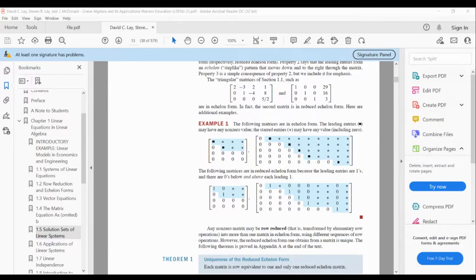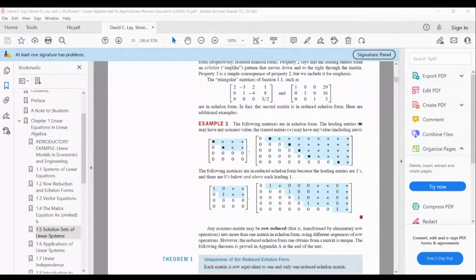And you have leading entries, the first black box and the second black box, okay? And below the leading entries, you have all zeros. You see that? You have all zeros. And the same for the second matrix. Okay, you have all zeros below the leading entries.